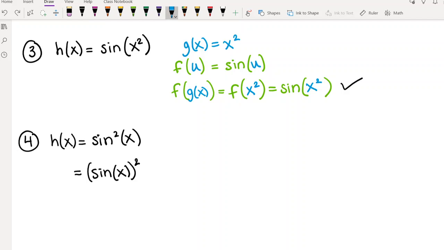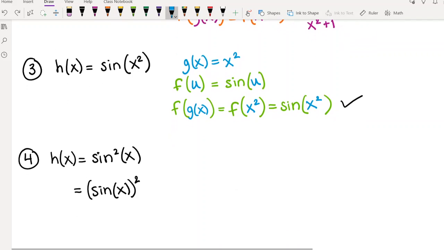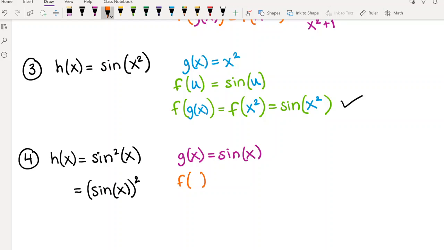So in this case, what is on the inside? Well, the inside is the sine of x part, right? The inside function is sine of x. And so what does that leave for the outside function? If we think about what's happening to the sine of x, it's getting squared, right?